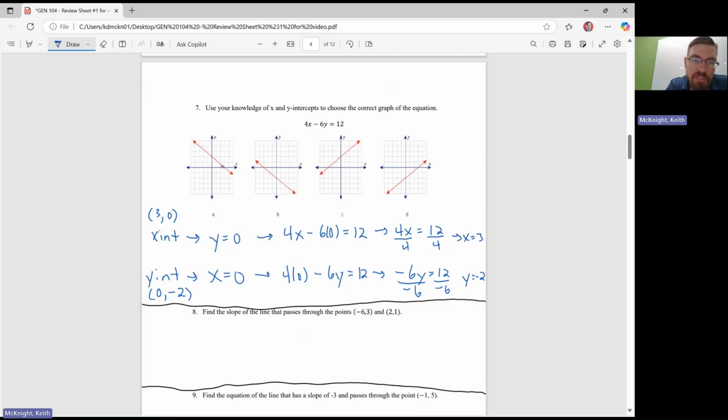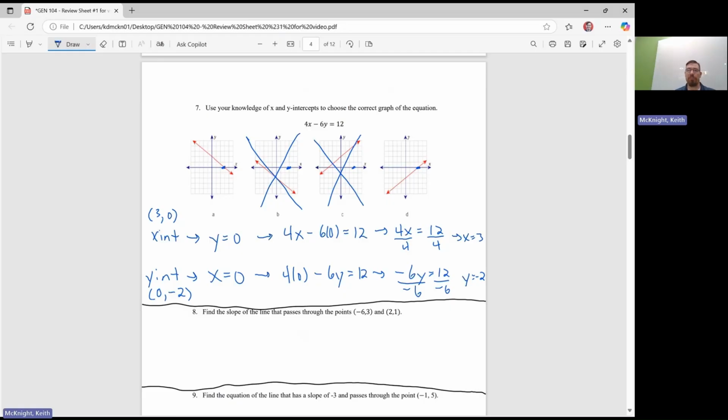So it crosses at (3, 0), right here. This one does cross at (3, 0). This one does not cross, so it's out. This one doesn't cross either, so it's not good. But this one crosses as well. So based on our x-intercept alone, we're down to 2 options.